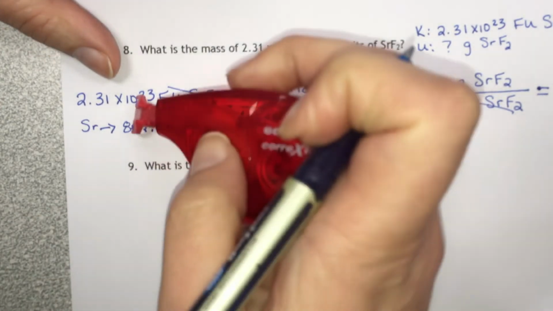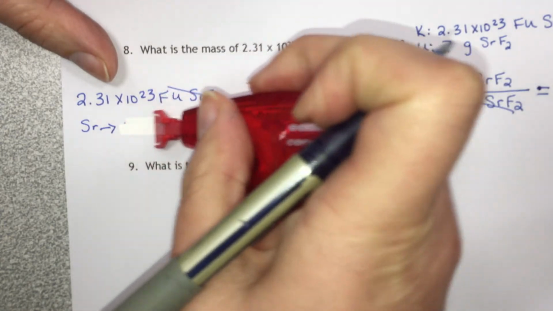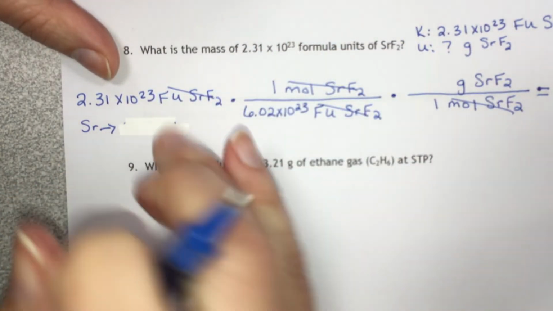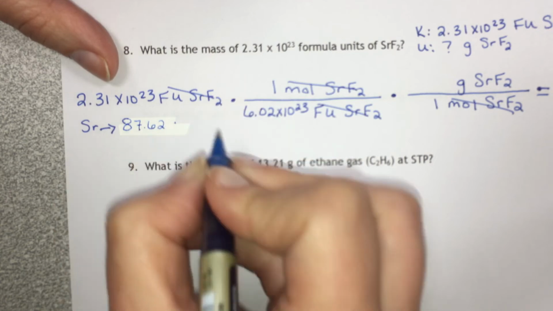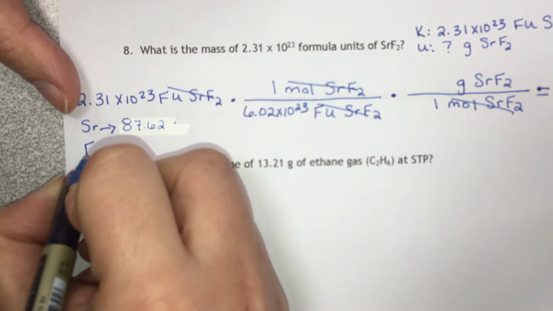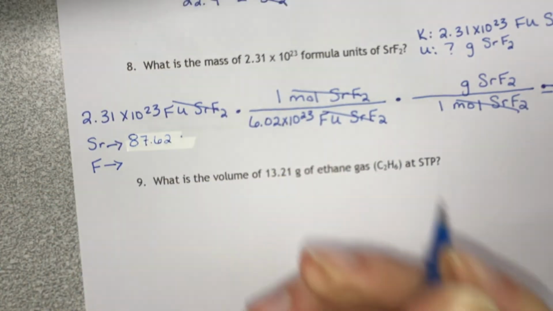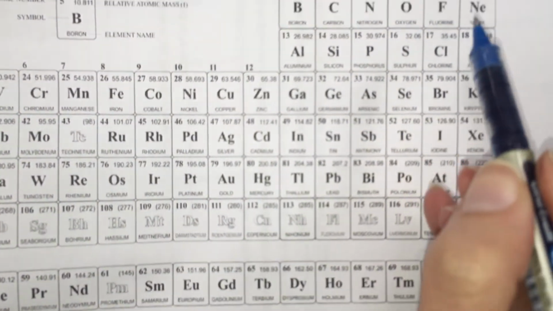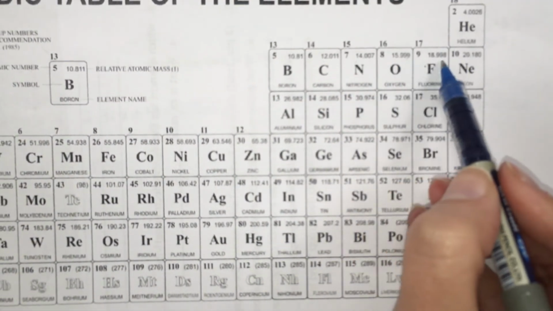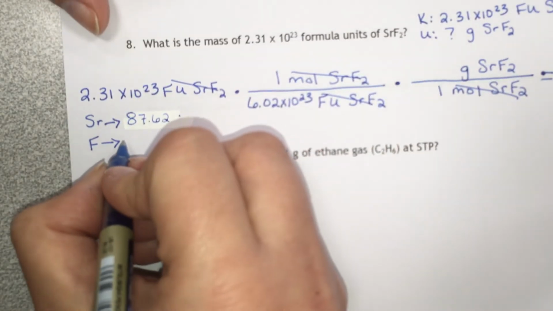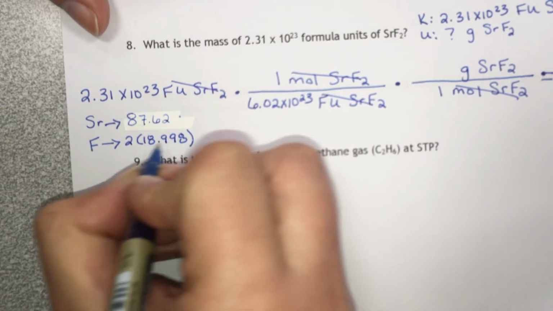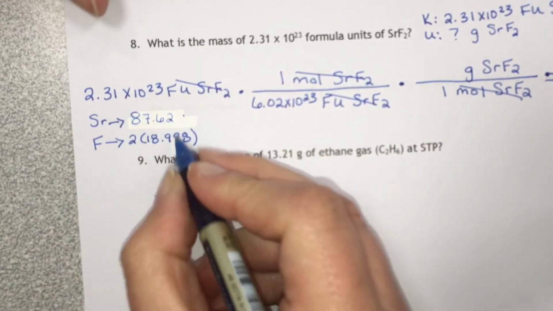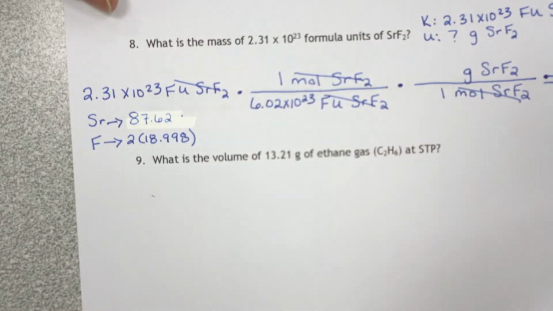Oh, that's really ugly, I'm sorry. Okay, and then we have fluorine, which is 18.998. We have 2 of them, 18.998. So we're going to add those together, and whatever it is, we put in here.